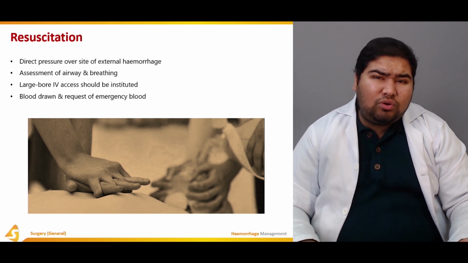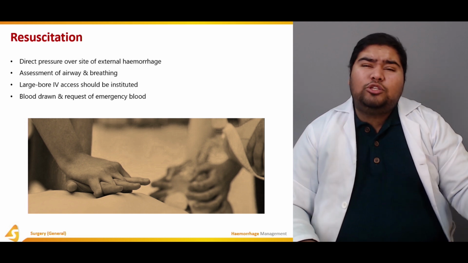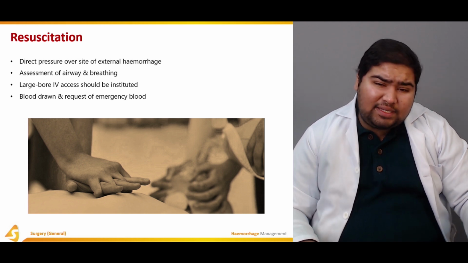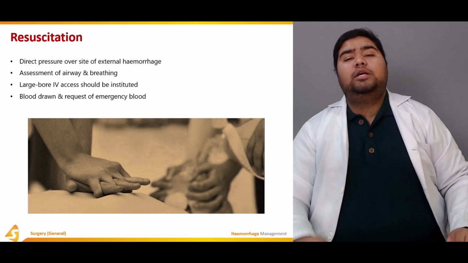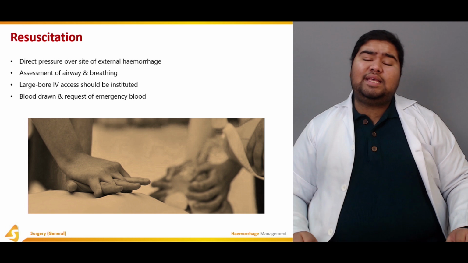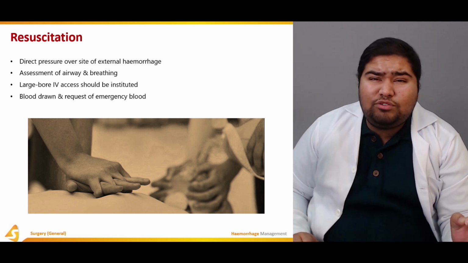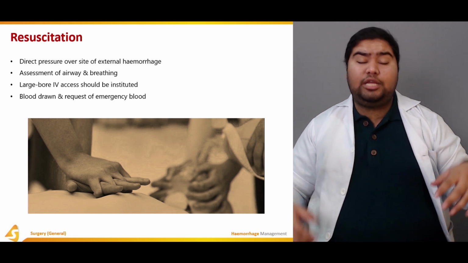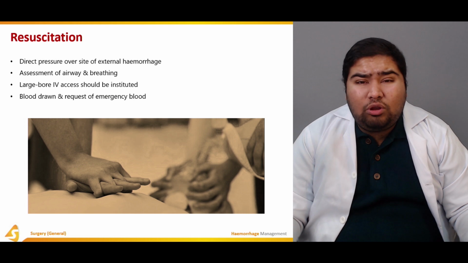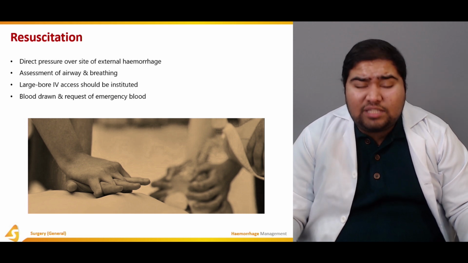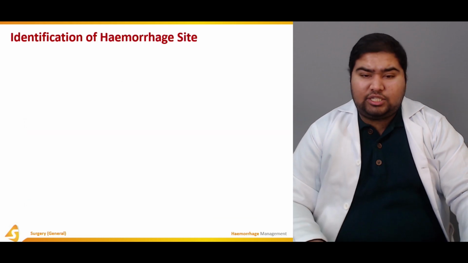Blood is drawn at once so that you can cross match and type the blood, send your investigations as well, and request emergency blood. The request for emergency blood is very important. The doctor has to shout MTP, and he should make it clear what he means by MTP. You should always activate the massive transfusion protocol in a rapidly hemorrhaging patient.